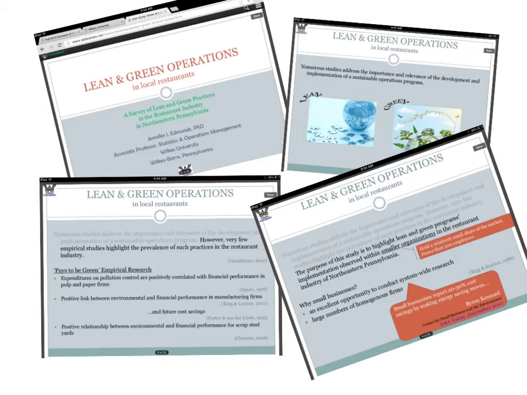I went into how there weren't a lot of academic reports on these kinds of practices in restaurants. And then I went into why I should look at small businesses, because I wasn't looking at all restaurants. So I had to set the stage and provide a justification for my project.